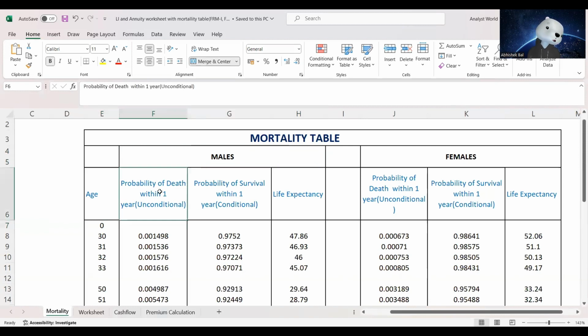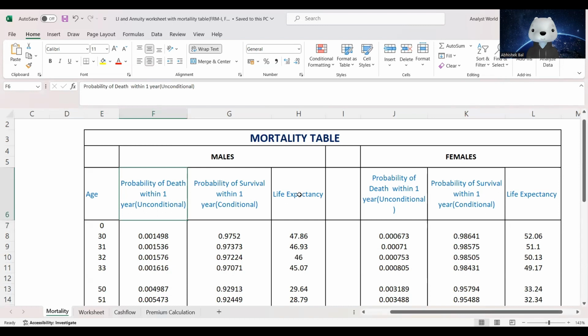So within male, column F reads as probability of death, that is unconditional, within 1 year. Column number G says probability of survival, that is conditional, within 1 year. Column number H happens to be the life expectancy.